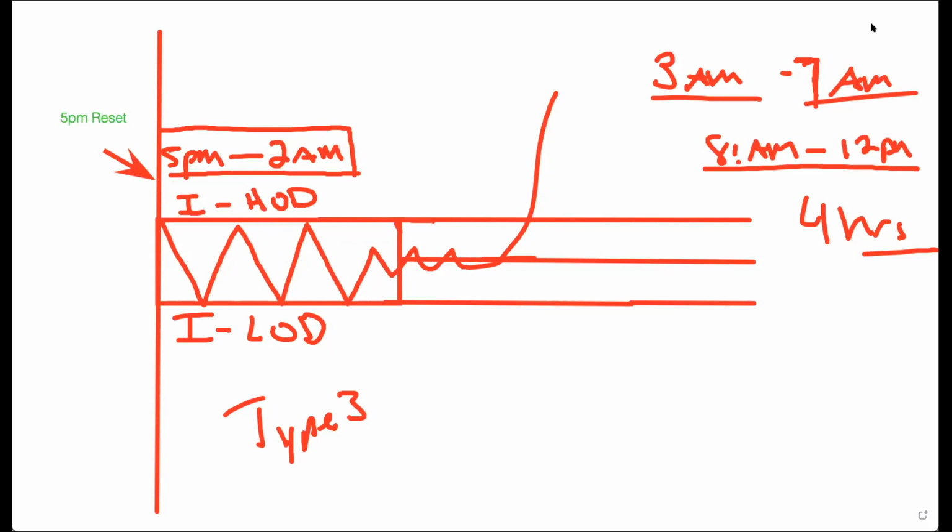We want all of our type 3 patterns to come from the top or the bottom. We don't want them to be created from the middle. So if you see the Asian range coming out of the middle, you don't want to trade that unless it goes to the top or bottom first.